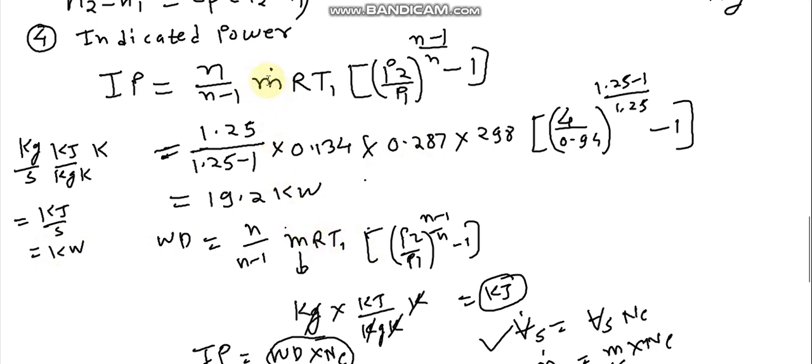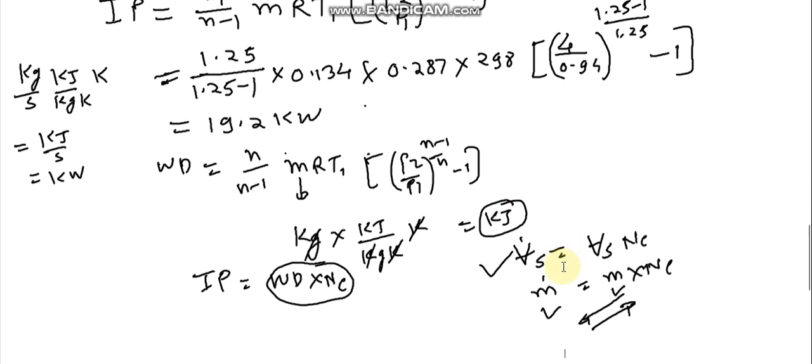If you put mass only in kg, R is kilojoule per kg Kelvin, Kelvin cancels, kg cancels, and the power is kilojoule. So if you put m dot in kg per second, we get kilowatt. If you put m in kg, we will get kilojoule. And these are the conversions.